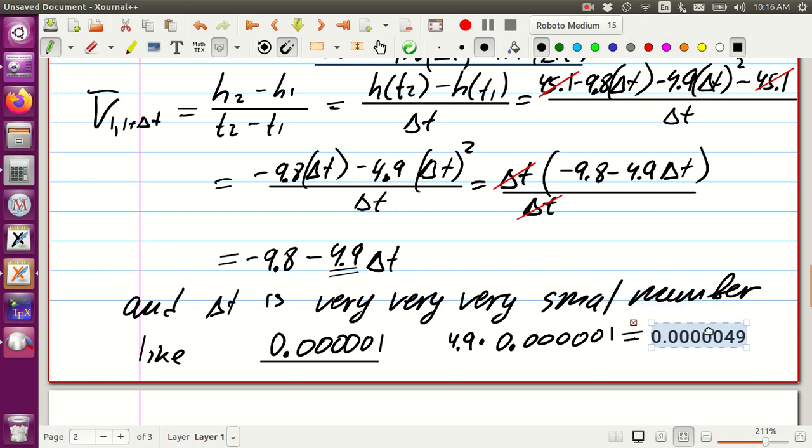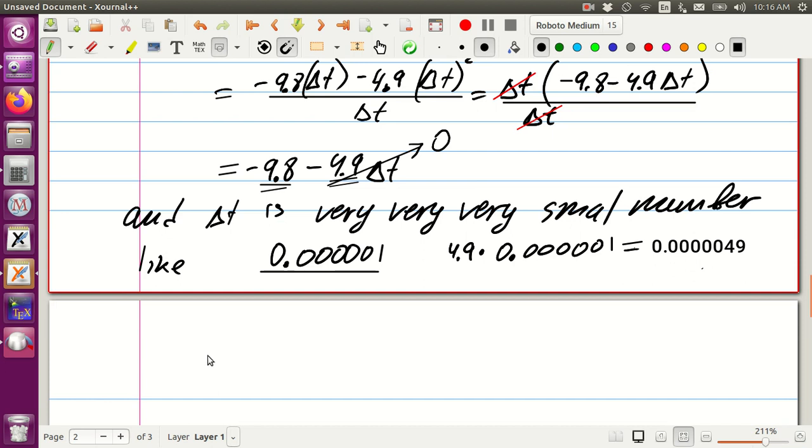So this is your answer. So it's still small. Why am I going into this discussion? Because I want to claim that this term over here is very, very close to 0. So it doesn't affect our 9.8. So since delta t is really, really small, delta t times any constant is really, really small. So what can we say?